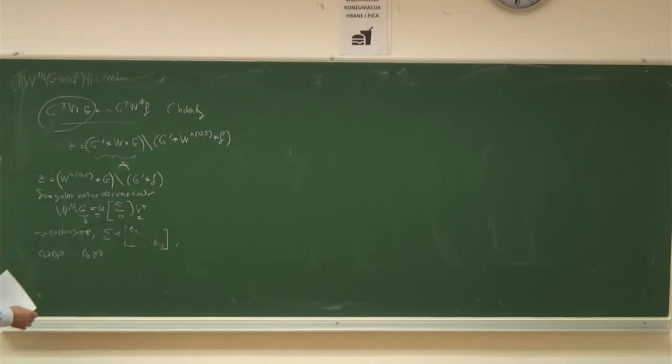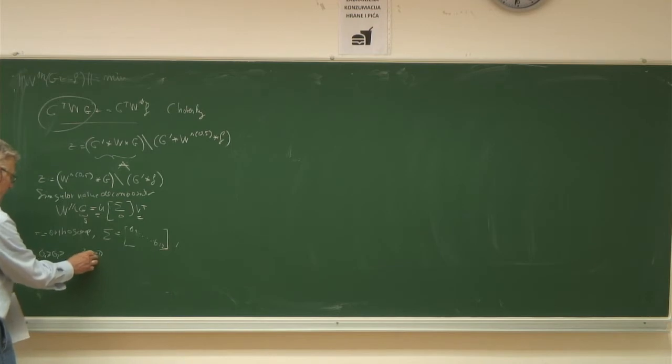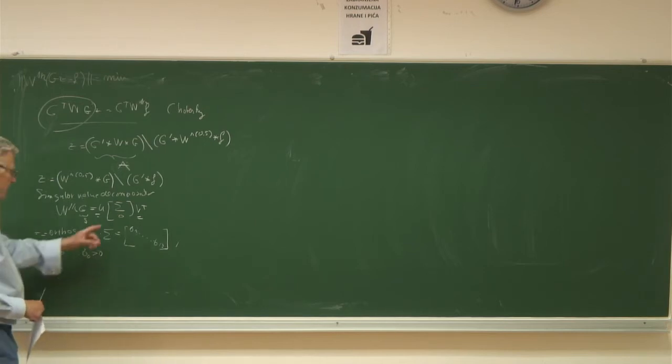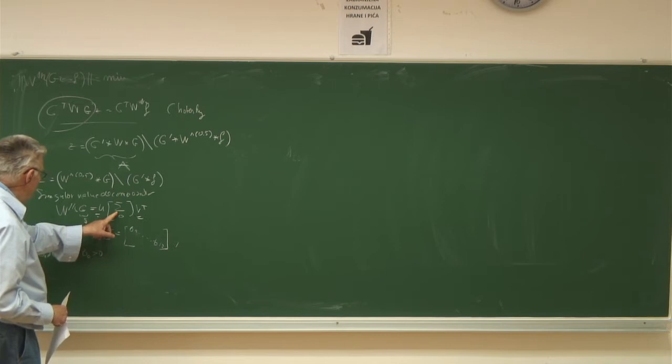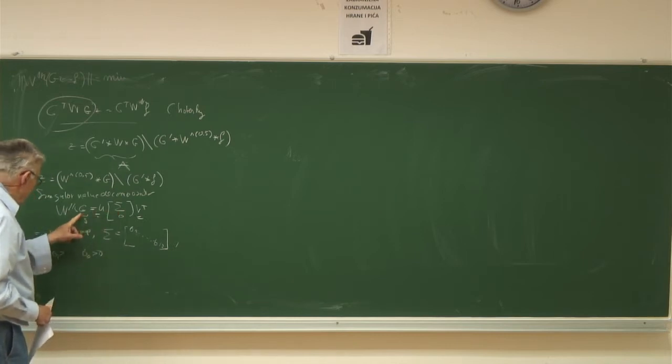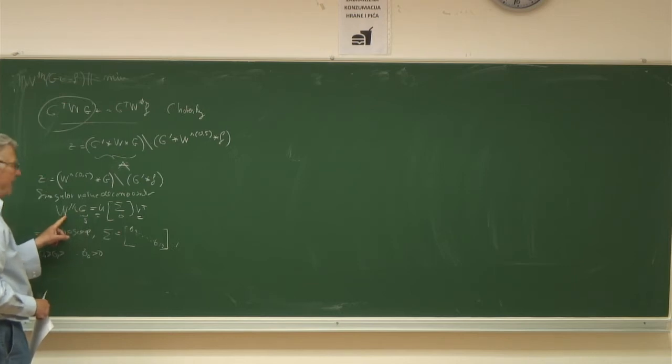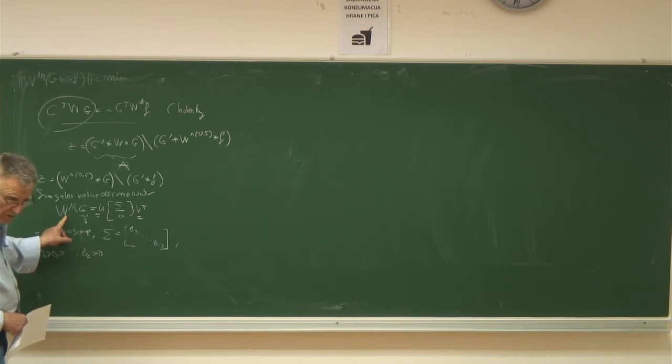Well, we expect to have sigma s to be greater than 0, which means that the matrix sigma is positive definite, and which means that this matrix G and W^(1/2) G has full rank. It's equivalent.